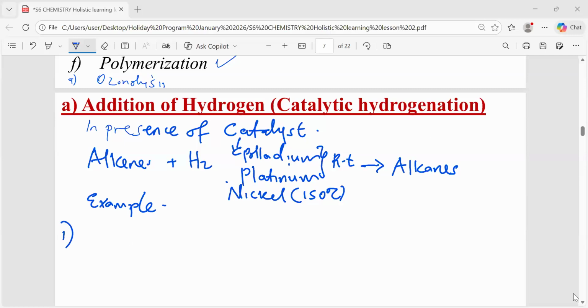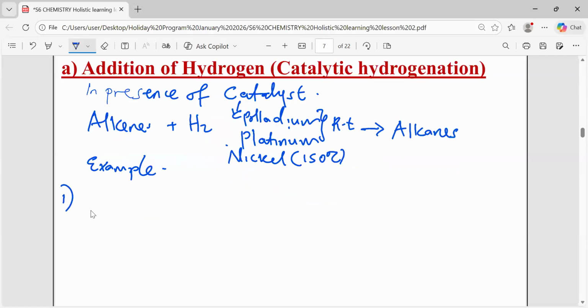each double bond goes with a mole of hydrogen gas. So if I have an alkene with one double bond, it goes with one mole of hydrogen gas. The example I'm going to start with is a bit complicated, but buta-1,3-diene will take 2 moles of hydrogen.